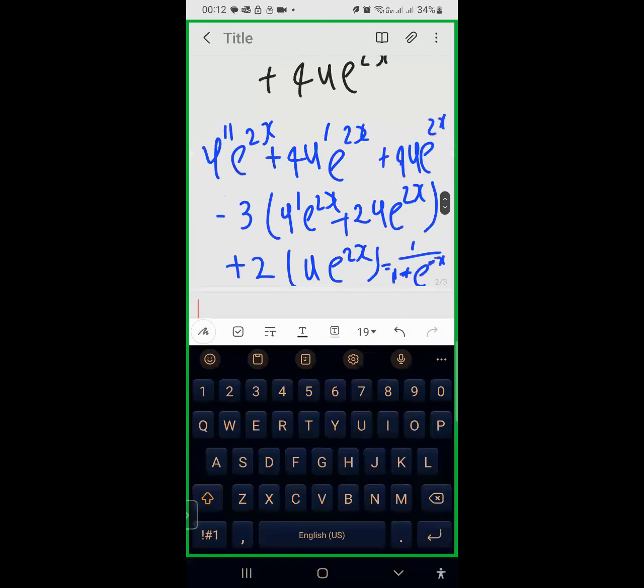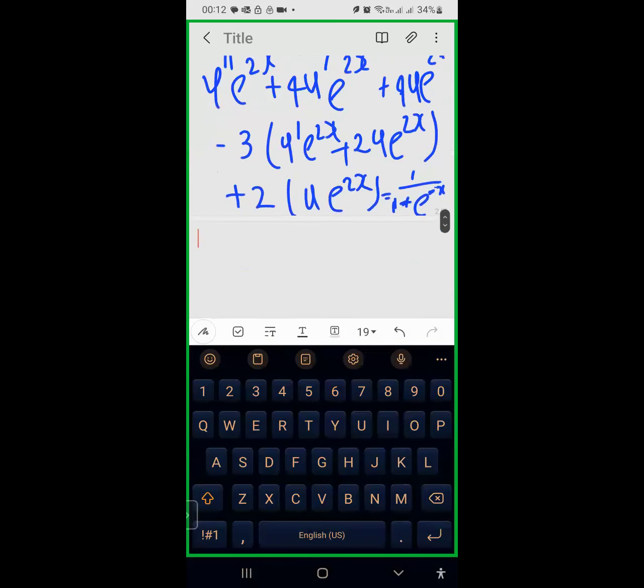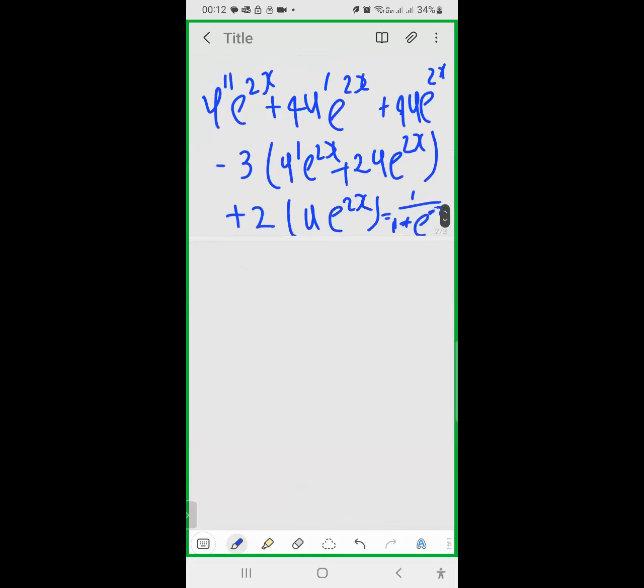Then we're going to simplify further. So we have u double prime e to the power 2x plus, we have like terms, this, and then minus 3 multiplied by this.